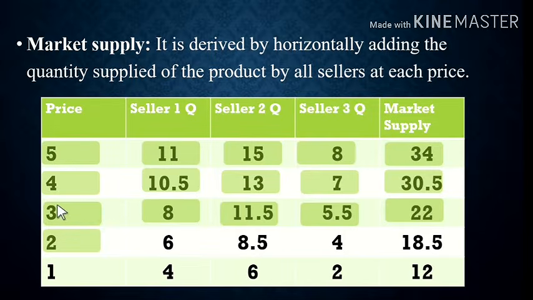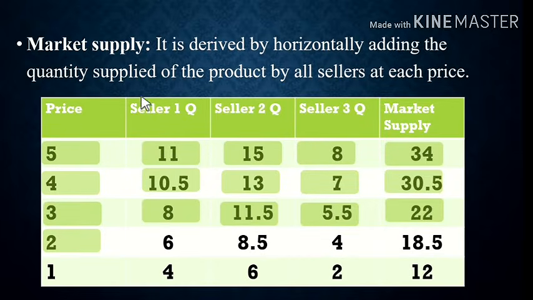Because of the law of supply, quantity supplied of the sellers in the market shall decrease, right? So it decreased from 8 to 6 because the price decreased, from 11.5 to 8.5, and from 5.5 to 4.